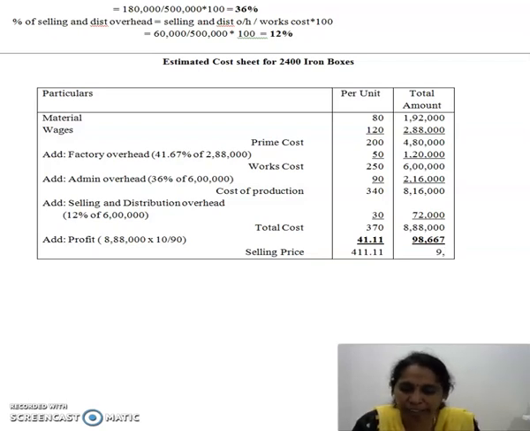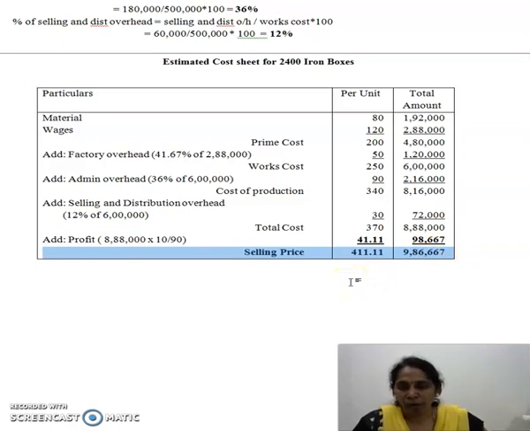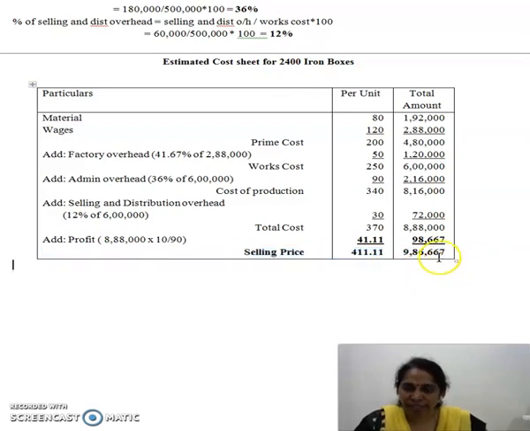Let me take the total. 8,88,000 plus 98,667 is 9,86,667. Okay, that's all. The selling price of this product, that is 2,400 iron boxes, is 9,86,667, and the per unit price of this iron box is 411 rupees 11 paise.